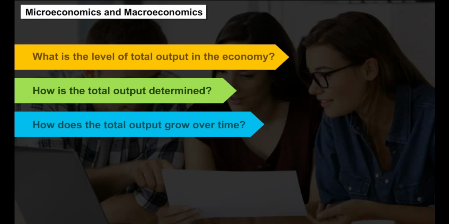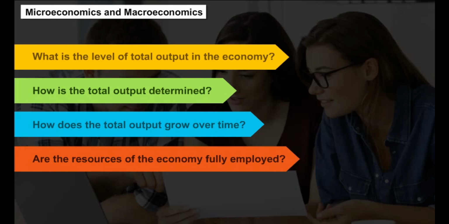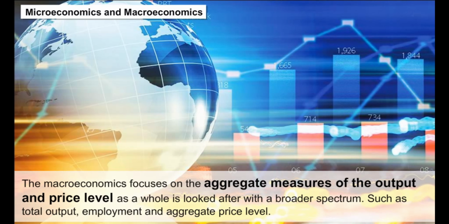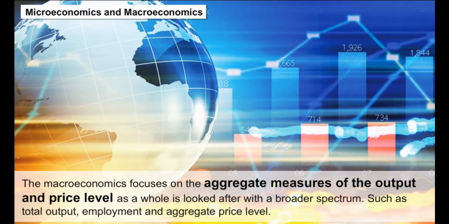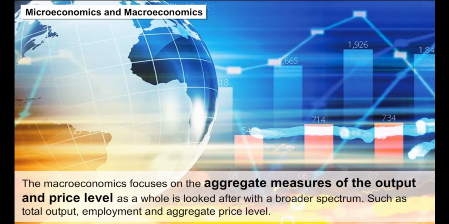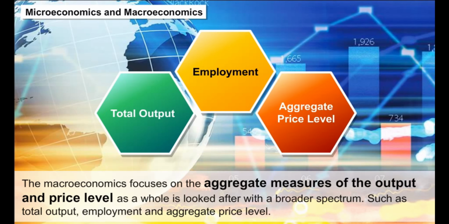How does the total output grow over time? Are the resources of the economy fully employed, etc.? On the other side, macroeconomics focuses on the aggregate measures of output and the price level as a whole, with a broader spectrum, such as total output, employment, and aggregate price level.